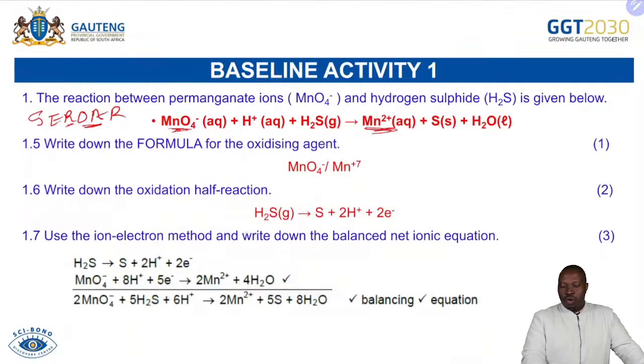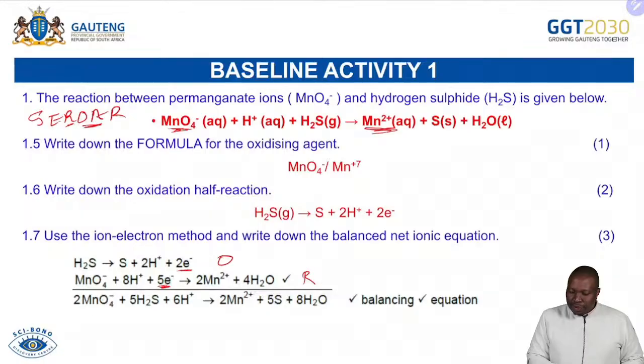So you will write your oxidation half reaction and your reduction half reaction. From there, you must be able to balance everything. Your hydrogens and your electrons must be balanced in these two. Hence, you can see we have 2 electrons here and 5 electrons, so you multiply by 2 and by 5.